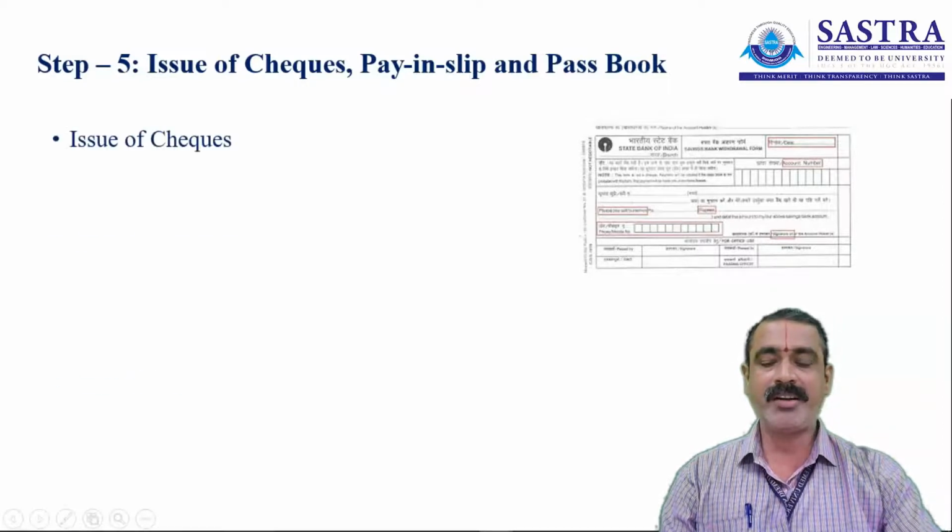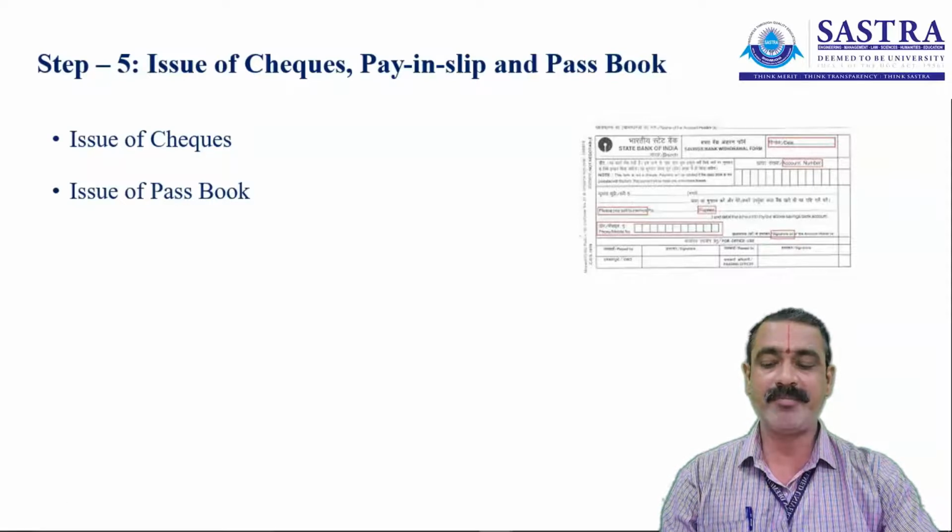Pay-in slips or credit vouchers are the forms used to pay coins, notes, bills and checks to the credit of the customer's account. Each slip should be signed by the customer or the person who has prepared it on his behalf, and the date and the amount should be clearly mentioned.